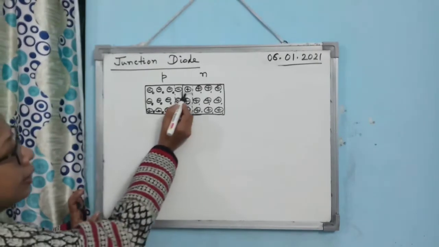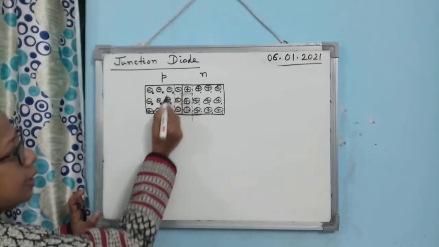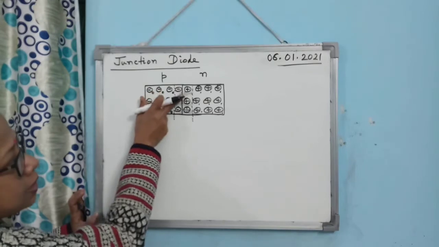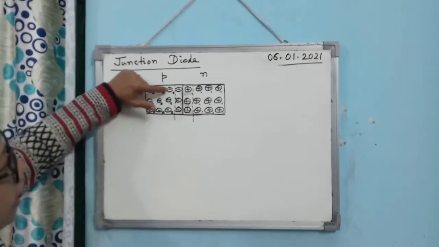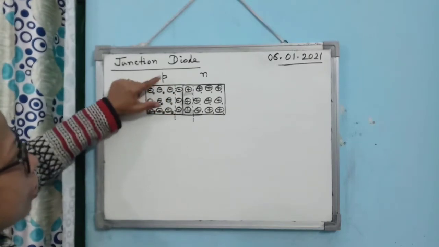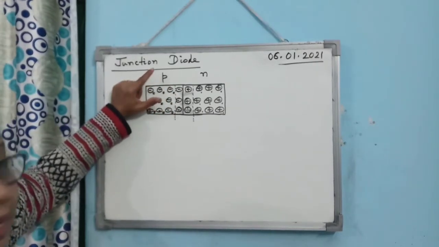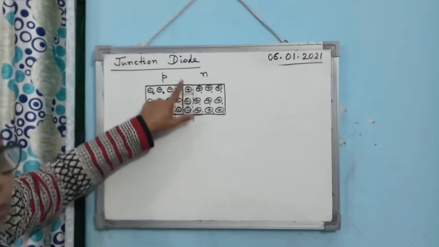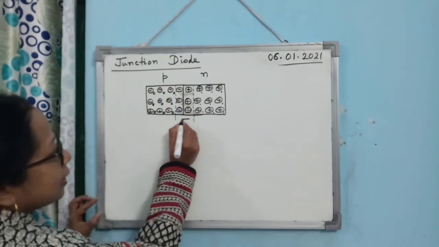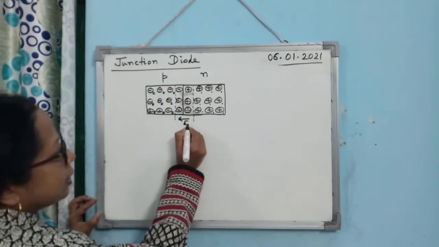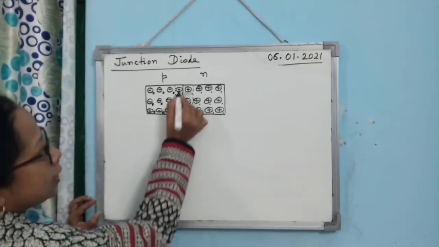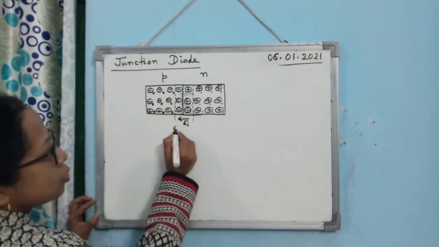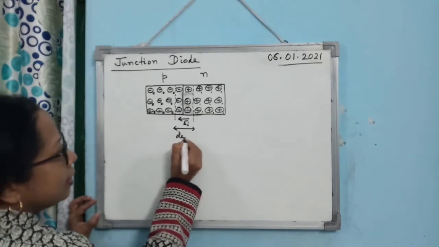So in this region there will be a positively charged immobile ion layer on the n-type region and a negatively charged immobile ion layer on the p-type region. Means it will produce an internal electric field in this direction, EI, from positive to negative.